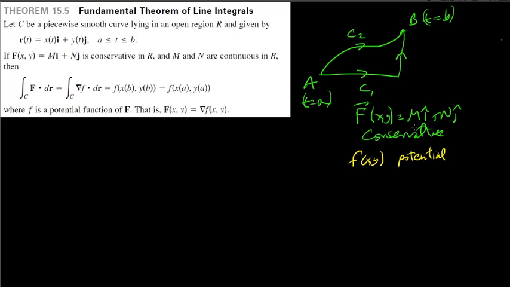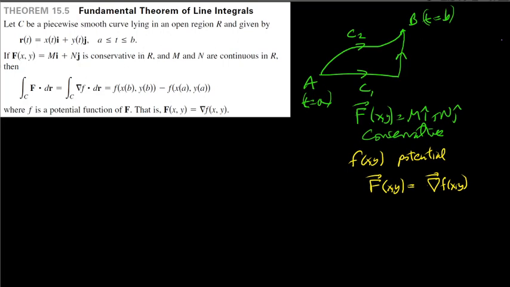Potential energy, potential function, same idea. And all that means is that the vector field F is just the gradient, or in the physics sense, it's the negative of the gradient of the potential function. But as I mentioned many times already, we're not going to use the negative sign. It's just for convenience for physics.